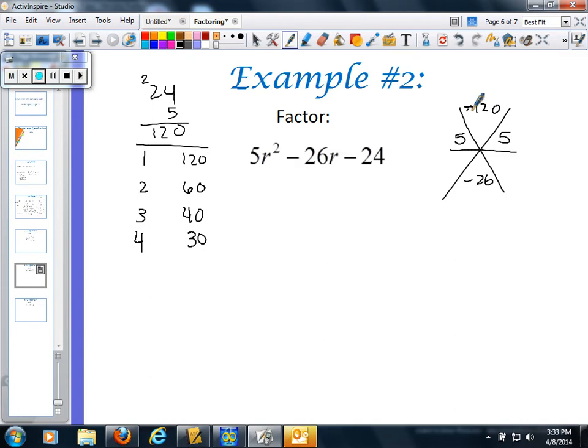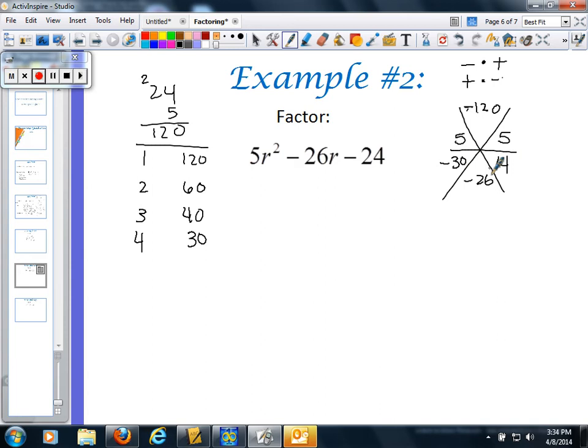Since it's negative, the only way to multiply is a negative times a positive or a positive times a negative, which means one of mine is positive and one is negative. So I can take negative 30 and positive 4, because when I add those together, I get negative 26.